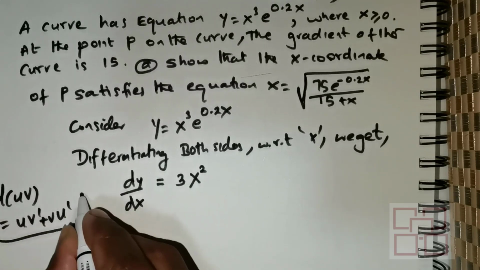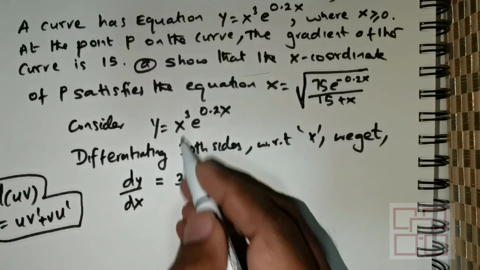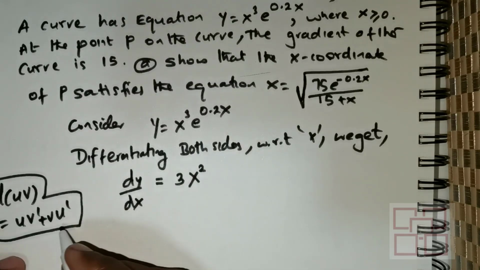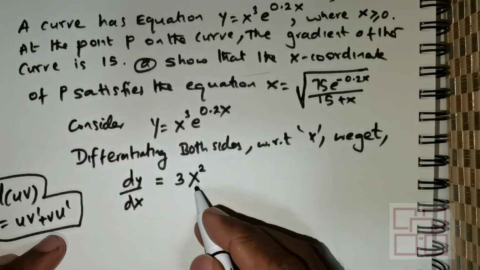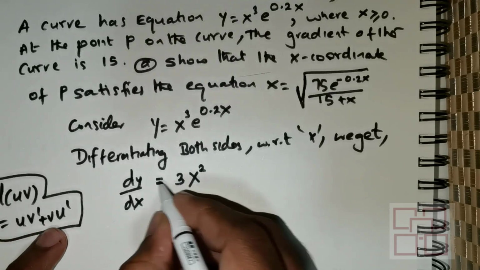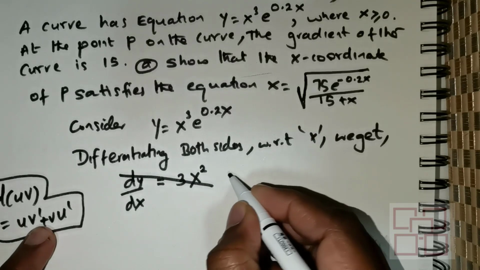Of course, what I have done here is start with differentiating the first term and then follow it up with the differential of the second term. But for consistency, I'm going to rewrite this step starting with the uv dash formula.